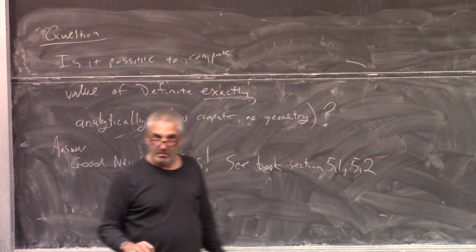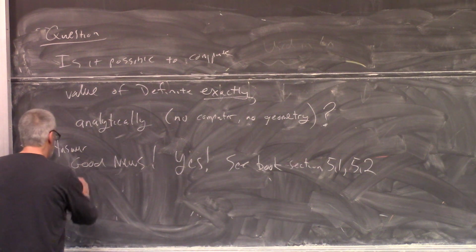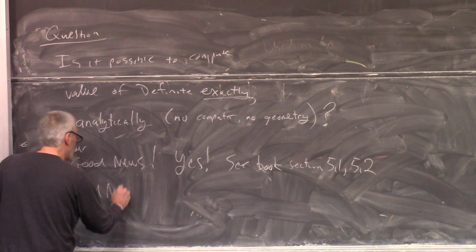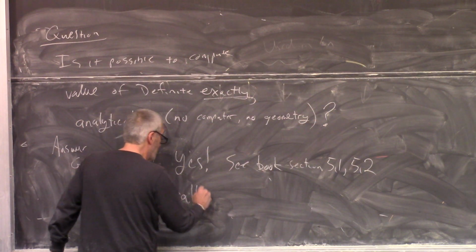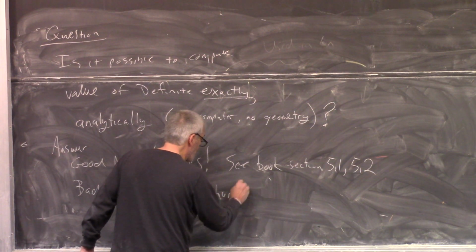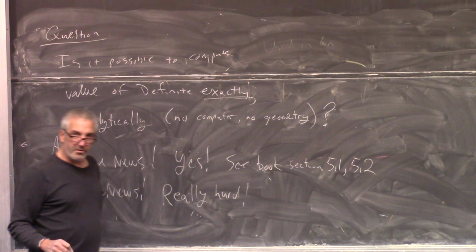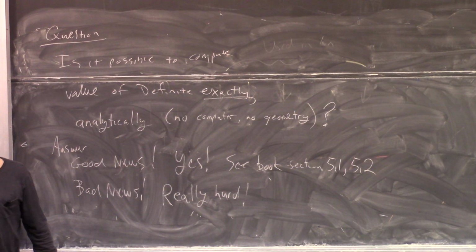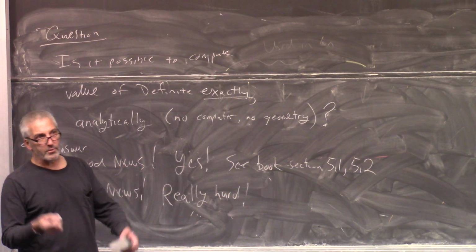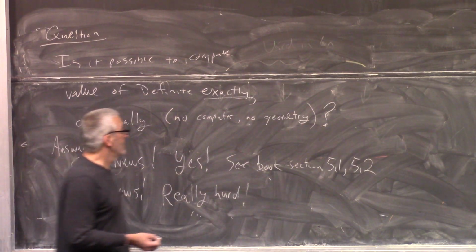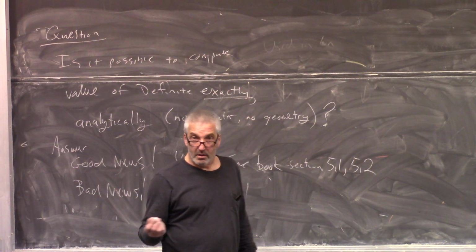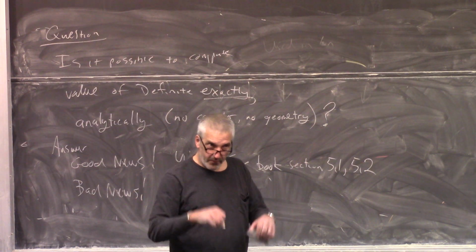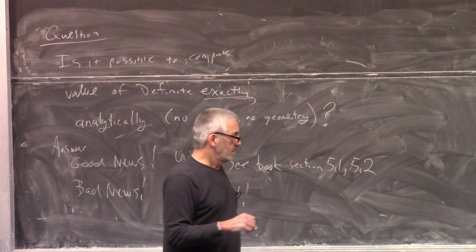That's the good news. Bad news is that it's really hard. The book only presents some simple examples, the most basic functions, y equals x squared, y equals x cubed. So at the level of Math 2301, we're not even going to cover those in this class, I don't think.